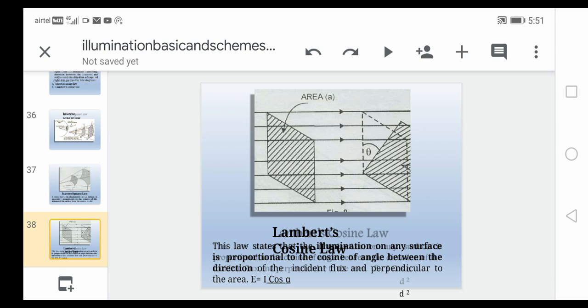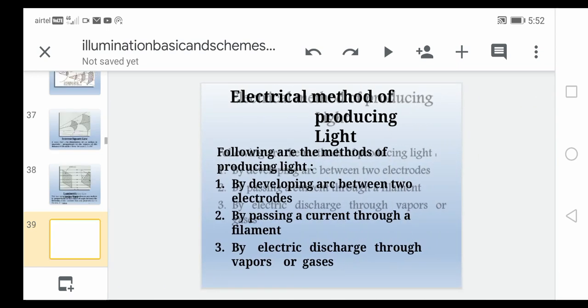This law states that the illumination on any surface is proportional to the cosine of the angle between the direction of the incident flux and the perpendicular to the area, that is E is equal to I cos theta, or I cos alpha.